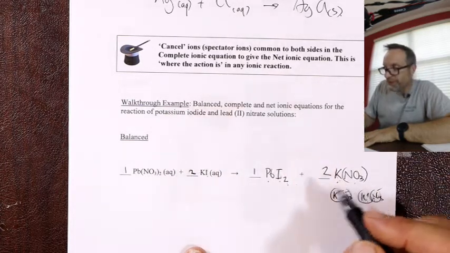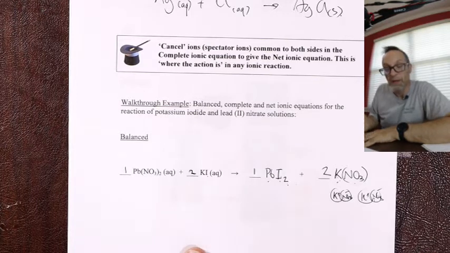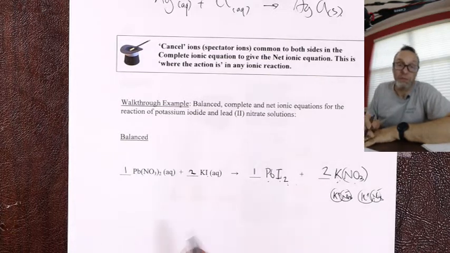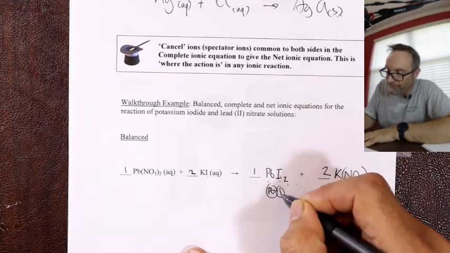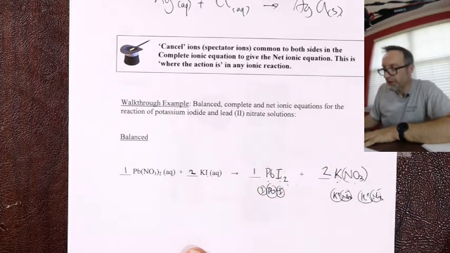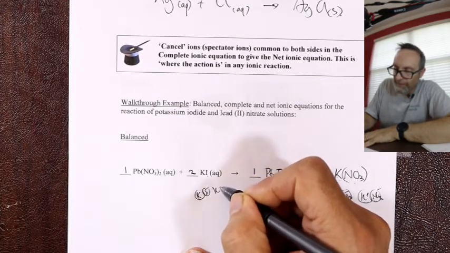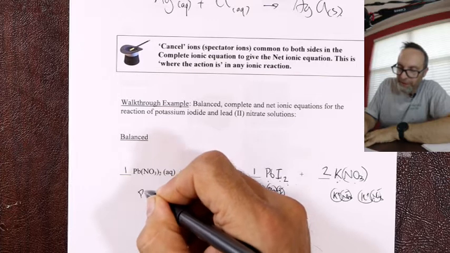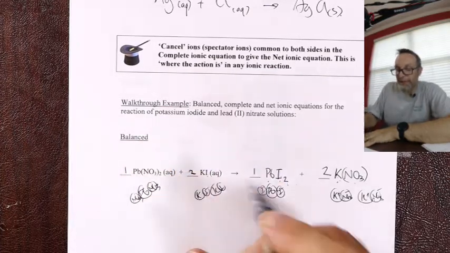Now, what you'll see, because the charges are +2, -1, +1, -1, charges are 2s and 1s, balancing numbers will also be 2s and 1s, okay? Now if I draw this as kind of a picture, I've got 2 KI, and then 1 Pb(NO3)2.